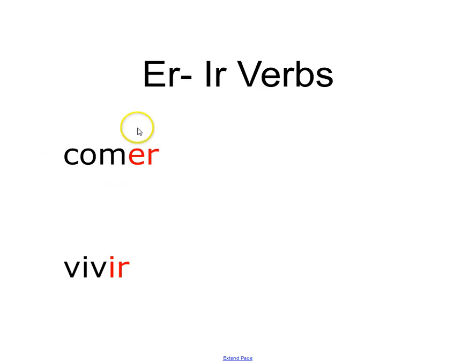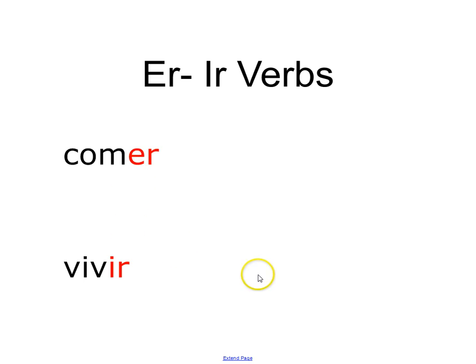Now, the thing that's important about this is that because they end in ER, they follow a set pattern. The ER verbs are going to follow a pattern, and then the IR verbs are going to follow a different pattern too. What's cool about this, and the reason why we teach these two together, is that the patterns that the ER and the IR verbs have are almost exactly alike.